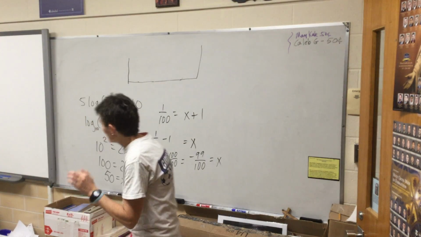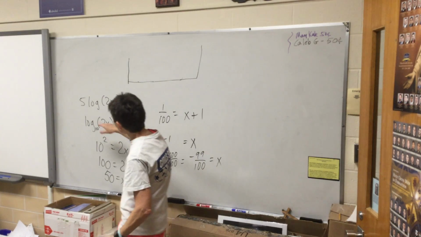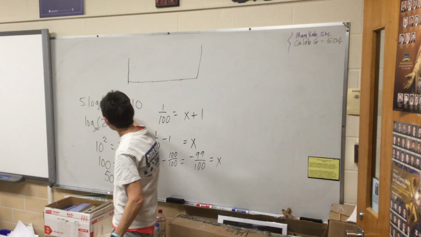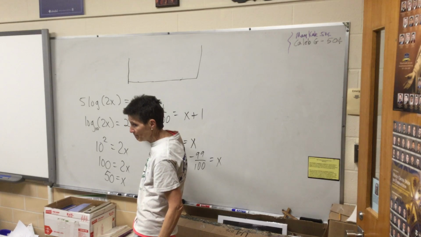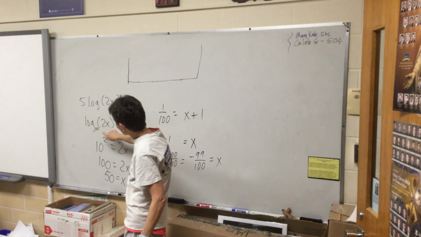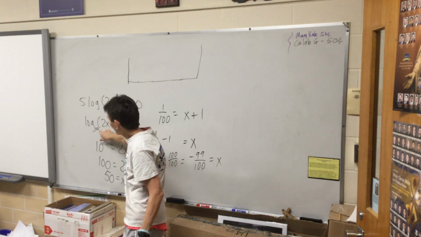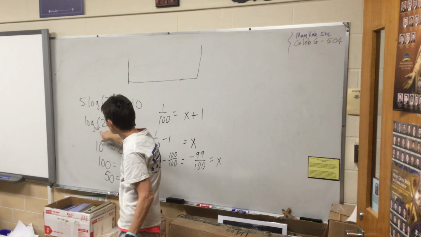Absolutely beautiful. So Clara had to remember a couple of things in that problem. First she had to divide by 5. I hope everybody remembered to do that. You got to get rid of that coefficient. Then Clara had to remember that the base is 10 because all the problem has is a LOG.